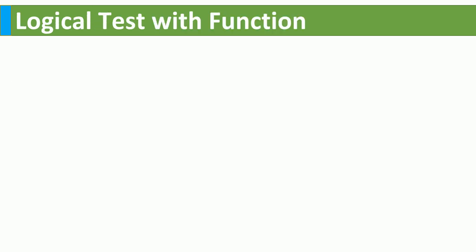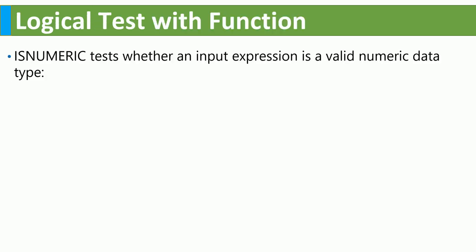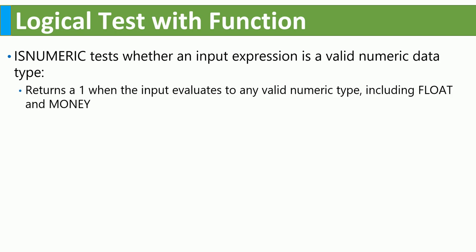Now, here is a logical test with the function command. That command is called ISNUMERIC. It tests whether the input expression is a valid numeric data type or not, and returns 1 if the input evaluates to any valid numeric type, including float and money. It returns 0 otherwise.